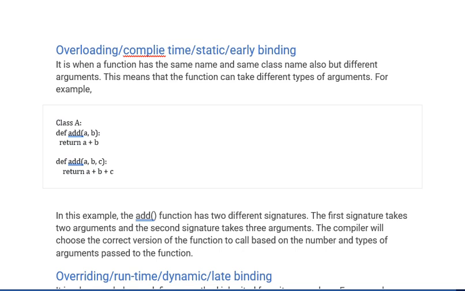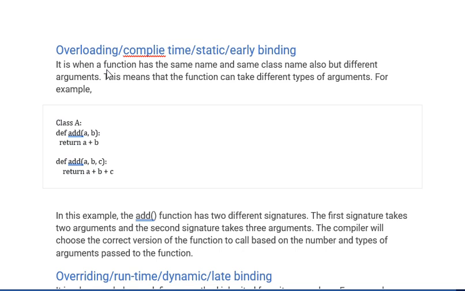Okay, let's understand one by one. First, let's understand what method overloading is. It is when a function has the same name and the same class name also. Method overloading means the same class name and the same function name also.